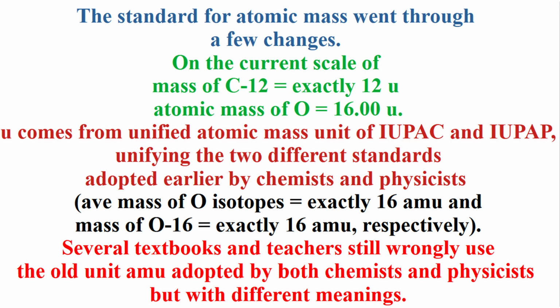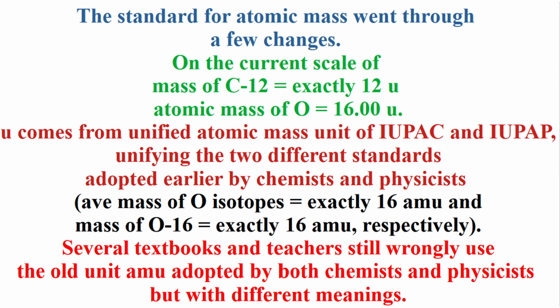Several textbooks wrongly use the former unit of AMU even today. The correct unit presently used is U, which stands for Unified Atomic Mass Unit, that unifies chemists and physicists with respect to the standard for atomic mass. The unit is supposed to indicate the corresponding standard used.